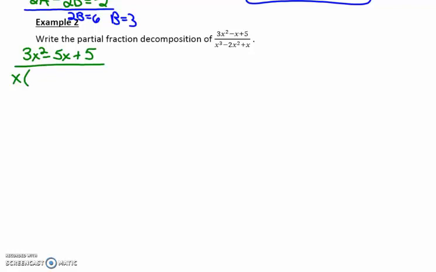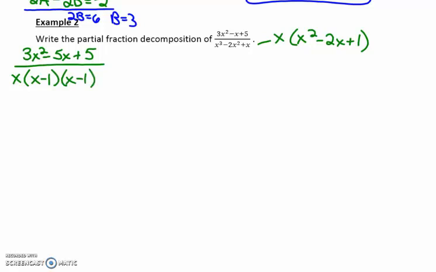When we do that, we end up with x, and then x squared minus 2x plus 1. So when you factor that x squared minus 2x plus 1, you get x minus 1 times x minus 1. Okay?